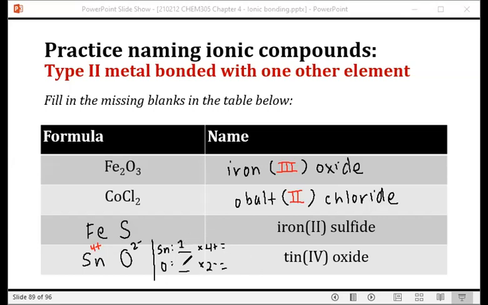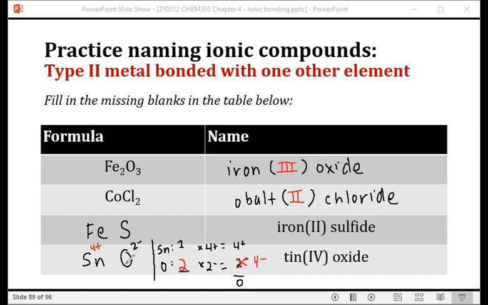If we pencil in 1 of each of these, we get 4 plus and 2 minus. So in order to get these to add up to 0, we're going to end up needing 2 atoms of oxygen, so that we get a total negative charge of 4 minus and they add up to 0.